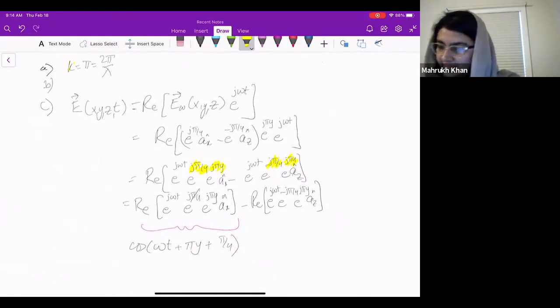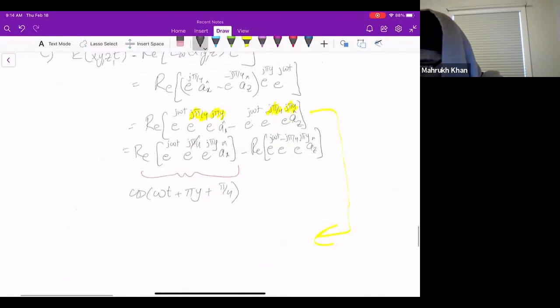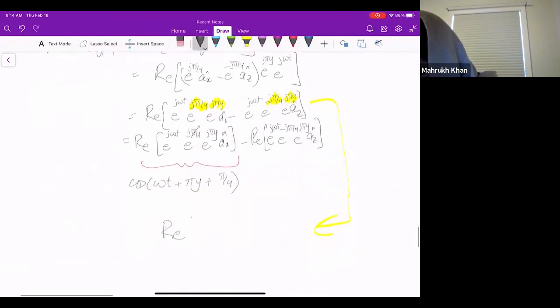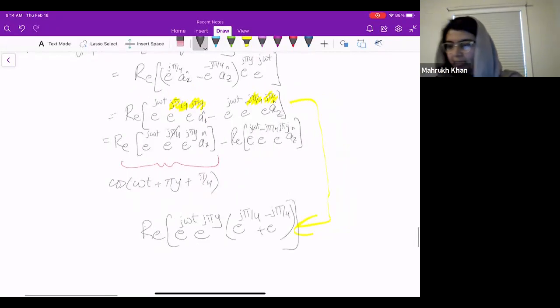Even if we do this, I'm making it more confusing, but let's see. Even if I do this, π y, and in the scenario e^(jπ/4) plus e^(−jπ/4), that's what I think you meant, right?